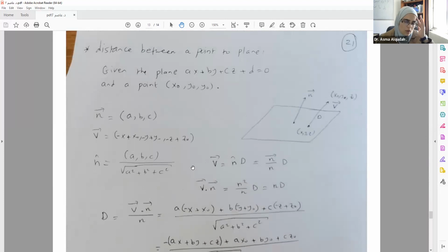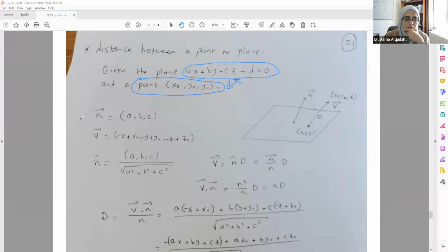The first equation we need to know is how you find the distance between a point and a plane. So we have a plane given, this is the plane equation, and we have a point somewhere in space. We want to find the distance between this point and the plane.